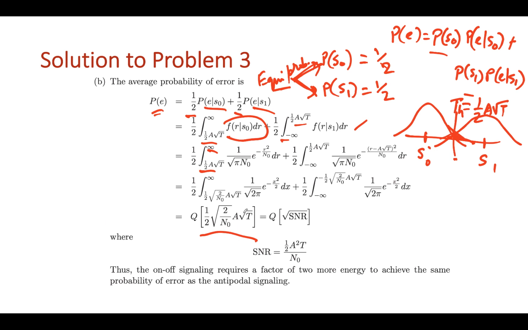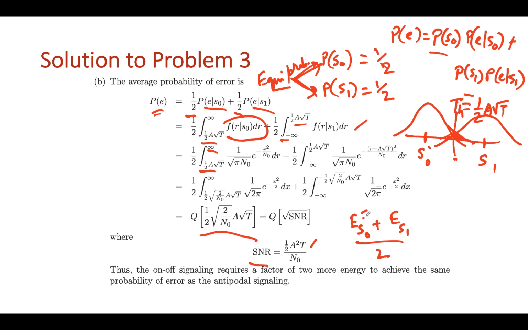which, if you define the SNR as this, is the average signal energy. So average signal energy is basically E of S0 plus E of S1 divided by 2.